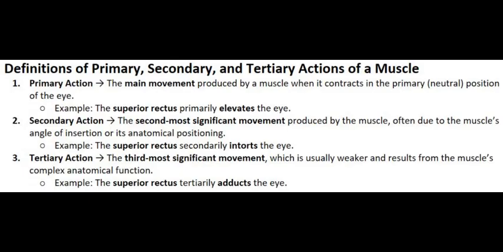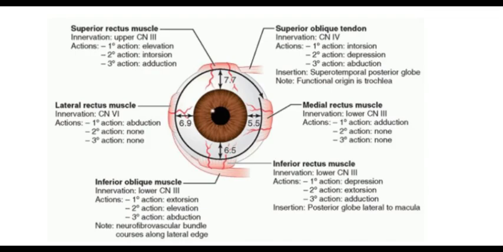Now, let's talk about the inferior rectus muscle. If you know the superior rectus muscle, then you can know that the inferior rectus muscle will just be the very opposite. Inferior rectus muscle will cause depression of the eye, it will cause extorsion of the eye, and it will cause adduction of the eye.